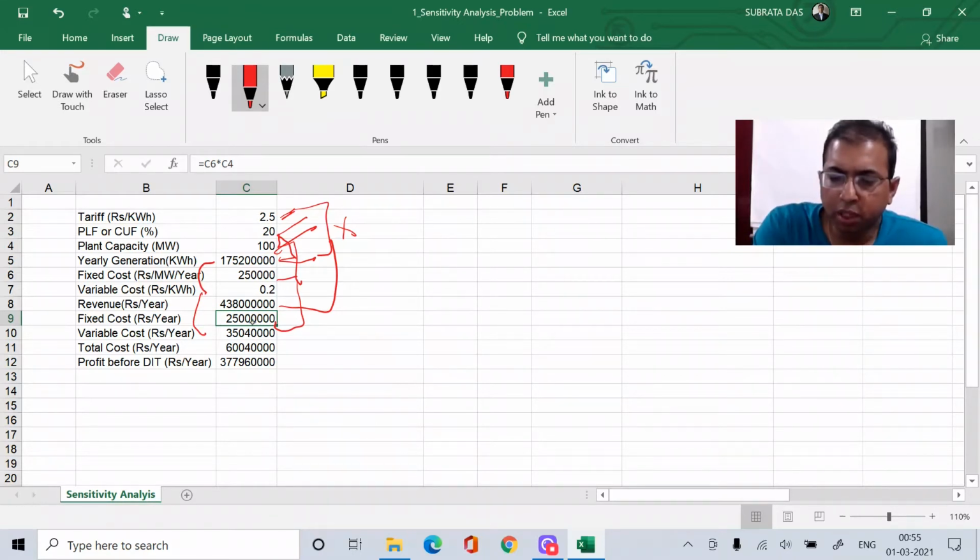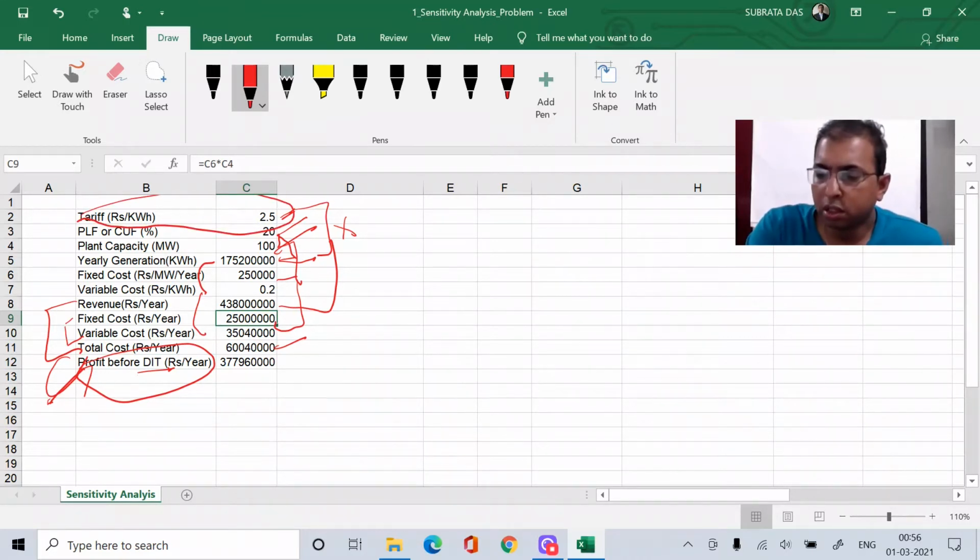If we add fixed cost and variable cost, this is the total cost, and if we subtract this total cost from revenue, we get profit before depreciation, interest and tax.